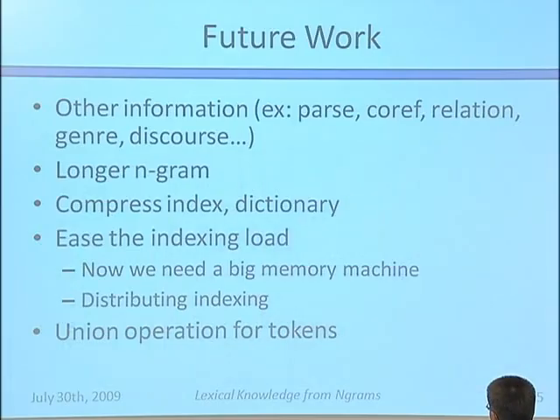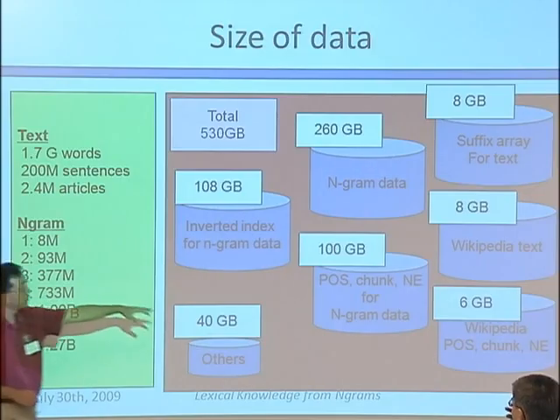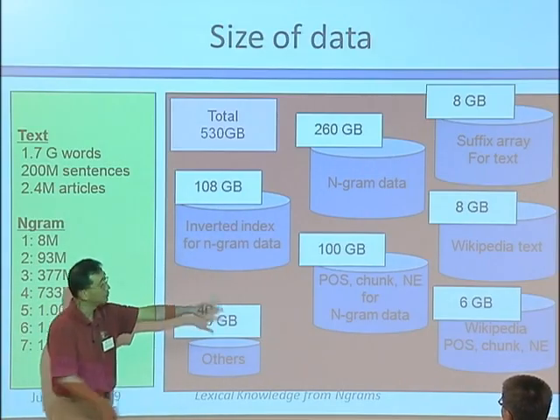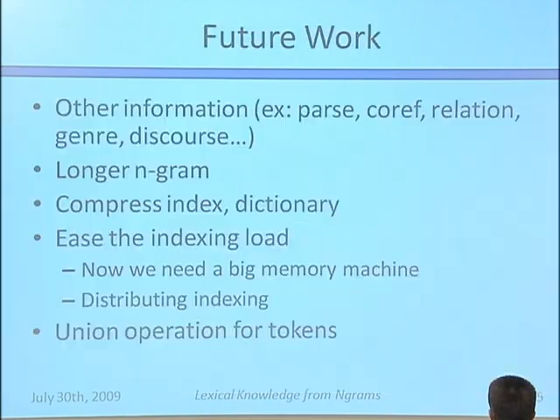Okay. So future work. We designed this extra information as separate from the other parts, so we can easily add more information, such as parts, co-reference, relation, genre, discourse, etc. And because the size of the index is so small, I can extend n of n-gram, not just 7, maybe 10 or 12.